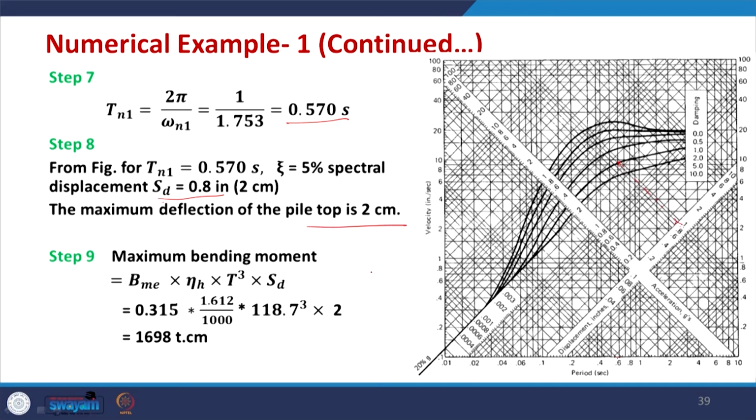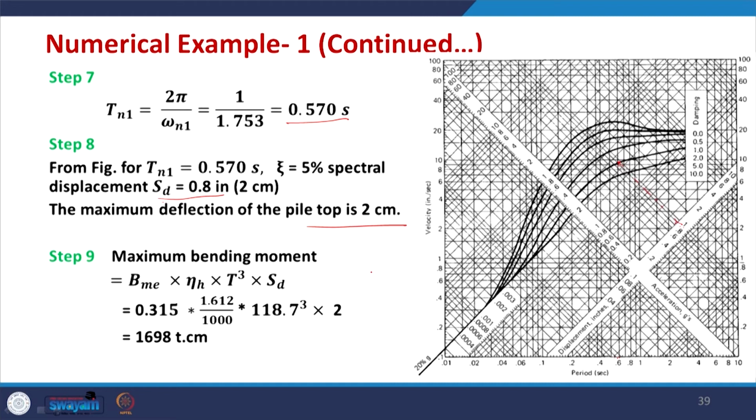So this is the outcome of this analysis: the pile may undergo deflections with a maximum deflection of 2 centimeter at the top. Then the maximum bending moment can be found out. This is the case when the pile top is free against rotation.